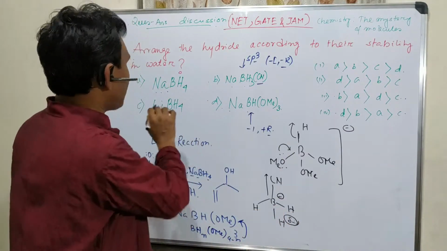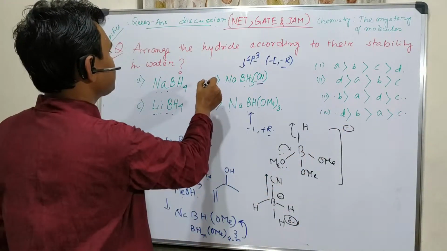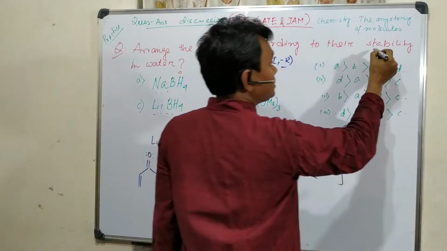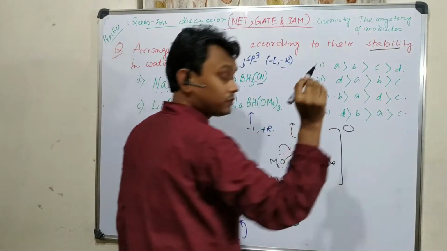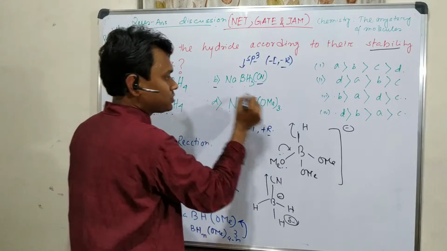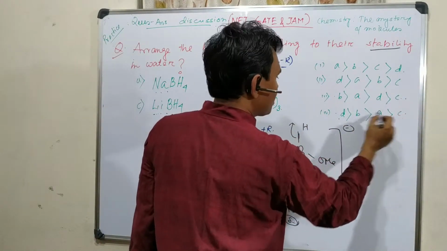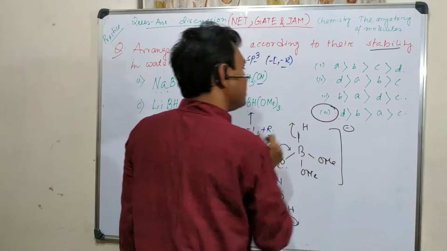So the answer to this question for maximum stable: I asked stability, please read the question carefully. I asked maximum stability, so this is maximum stable, so D must be 1, and previously we sorted out the rest, so the answer will be this.